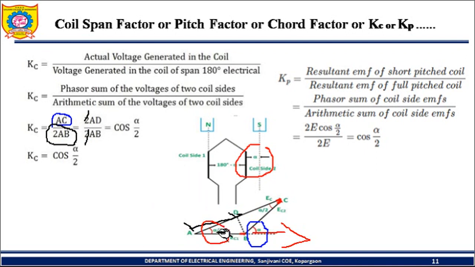So we can take the cosine of this angle: cosine is AD divided by AB, so cos of alpha by 2. Hence we get the formula for the coil pitch factor or coil span factor: Kc equals cos of alpha by 2.